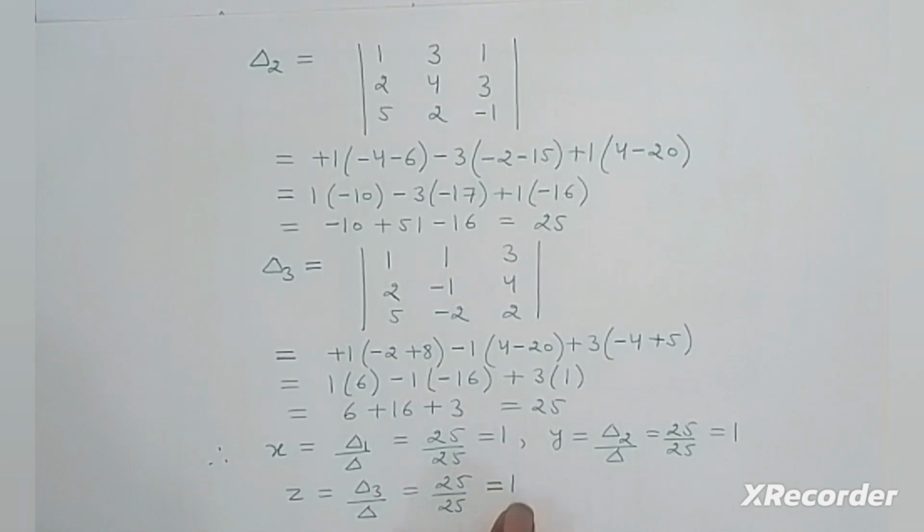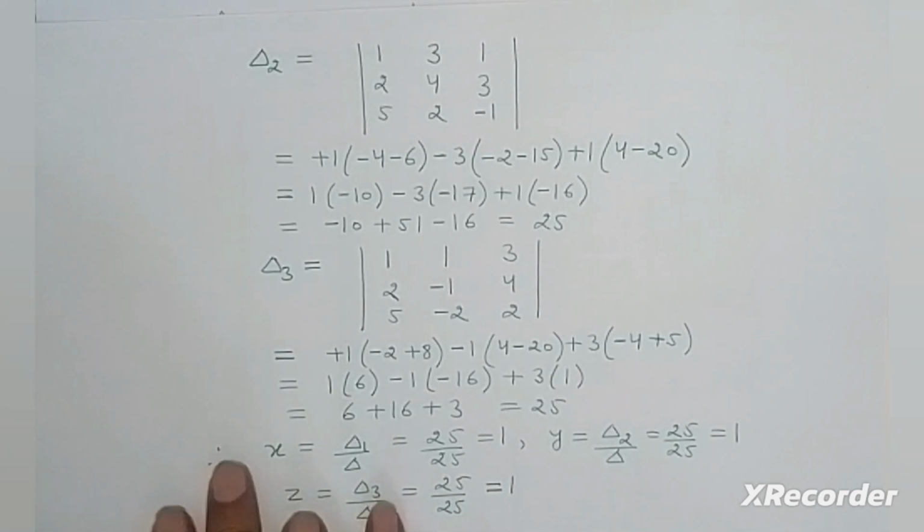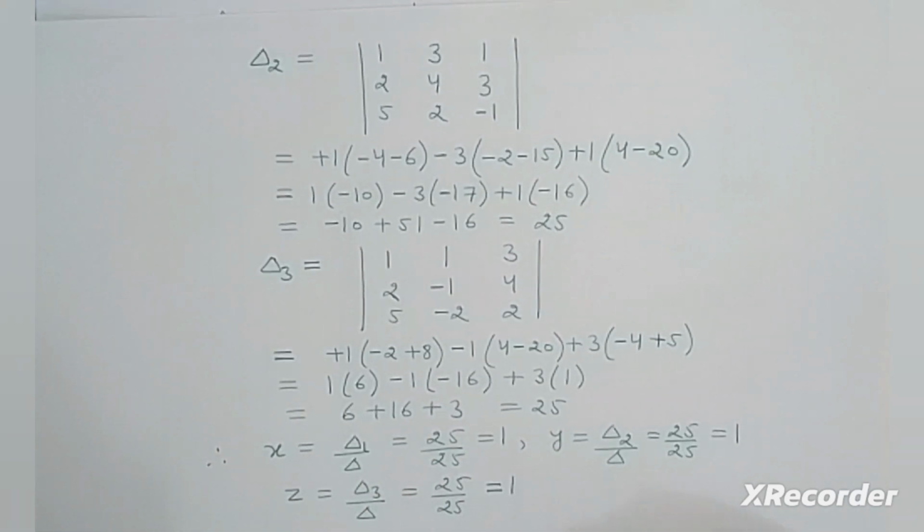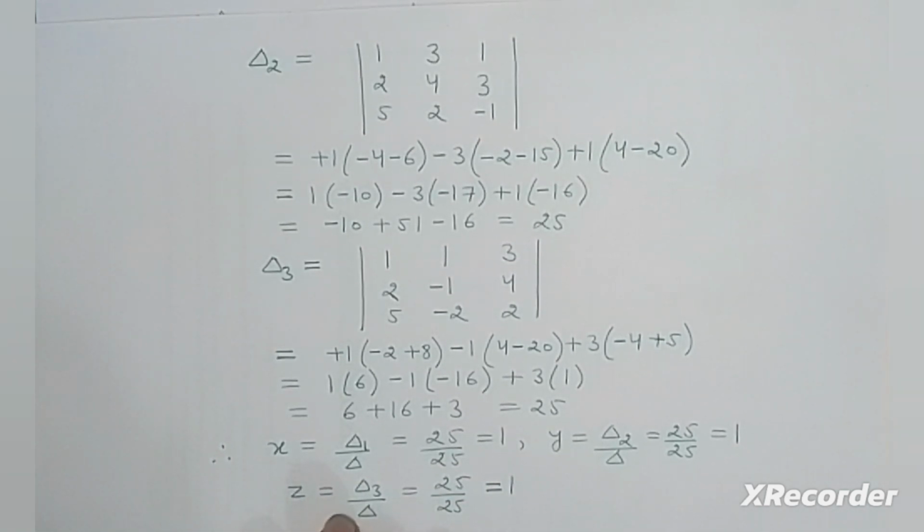So the system of linear equations can be solved in a very easy method, that is Cramer's rule. The condition for Cramer's rule is that the value of the determinant should never be 0, and because in this case the value of the determinant is greater than 0, we can easily apply Cramer's rule.